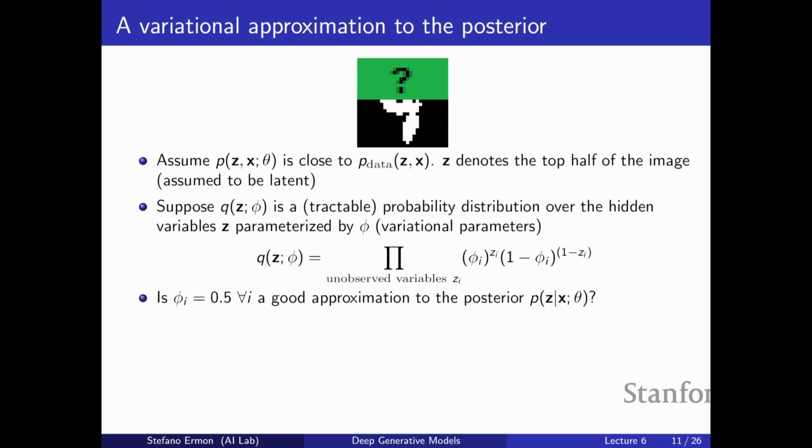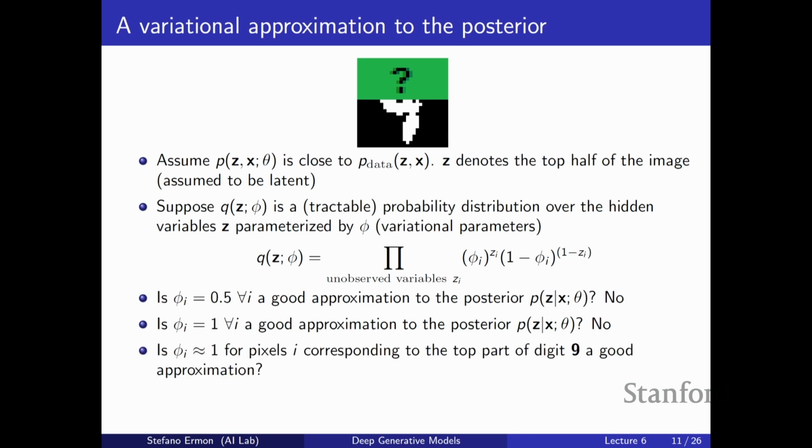It's probably not a good approximation to the true posterior. You kind of know that this is probably a 9, and so you want to guess that way. Would turning everything on be a good approximation? Probably not. Again, you want to turn on the pixels that correspond to the 9.